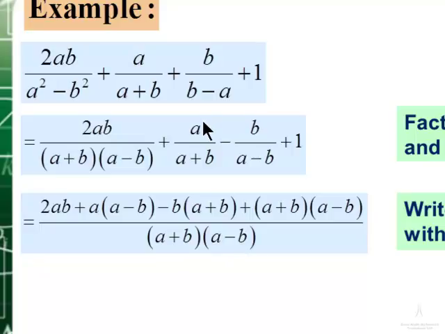So therefore we have in this case a times a minus b, and for the third term, the minus b, the numerator must be multiplied with what is now present as part of the consolidated denominator, which is the LCM of the denominators. So we multiply in this case by a plus b. You see, we had a minus b before, and this part must be multiplied above as well.